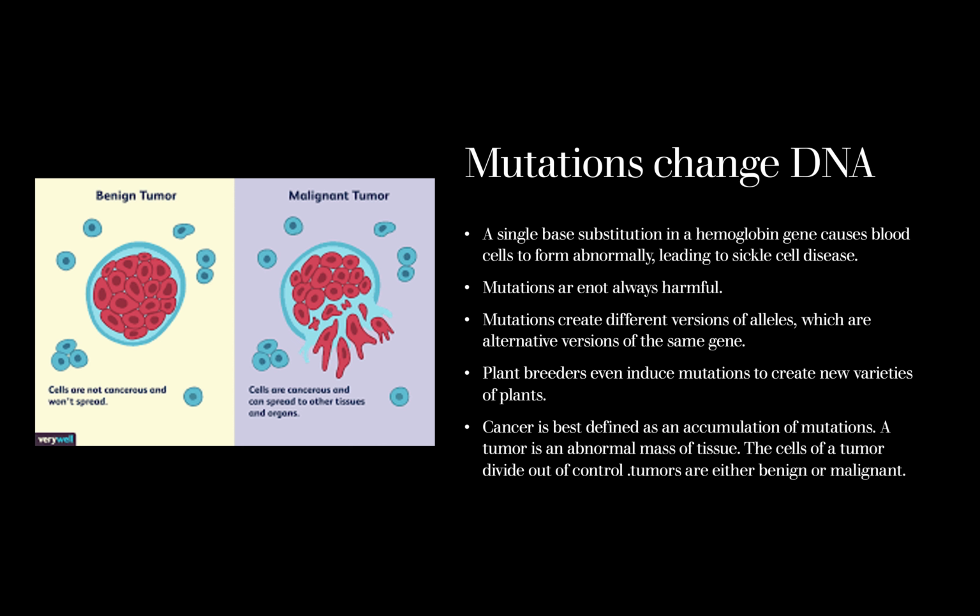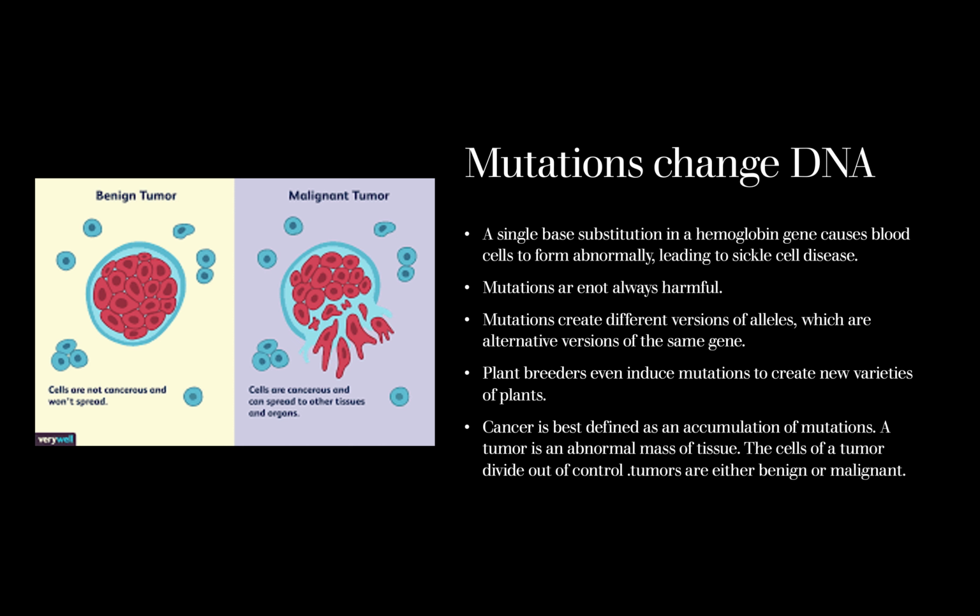Mutations create different versions of alleles, which are alternative versions of the same gene. Plant breeders even introduce mutations to create new varieties of plants. For instance, we have hardier crops today than we used to 100 years ago, because farmers and scientists alike have worked with plants and created new mutations to make our plants more hardy than they used to be.